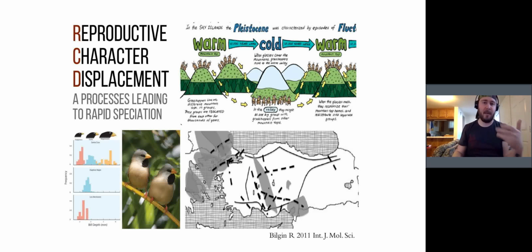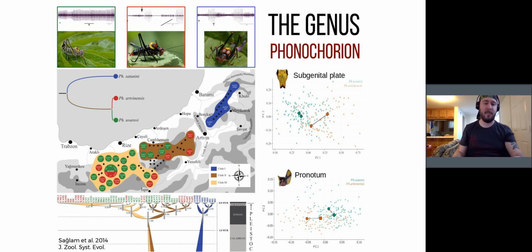And the aim was, can we really test these predictions using genomic information instead of just looking at patterns of genetic diversity? So what we used was a system that I was pretty knowledgeable about because I did my PhD on it, a cricket species from the Kachkan Mountains. When you look at these, they show the exact patterns of reproductive character displacement.